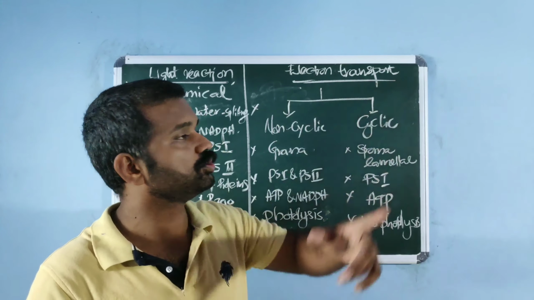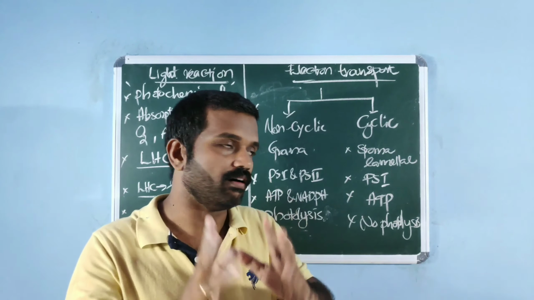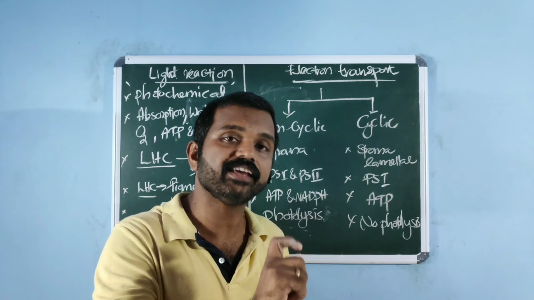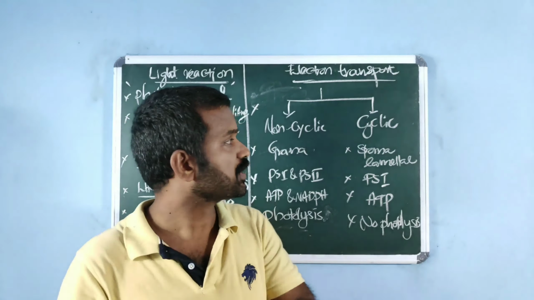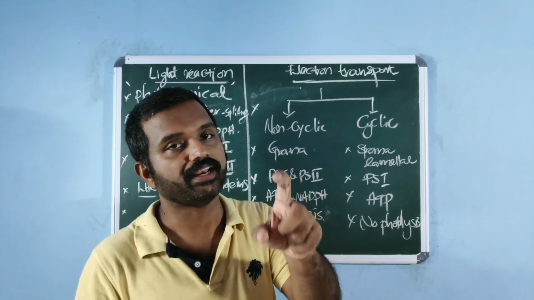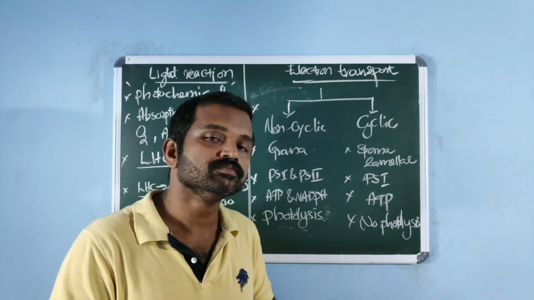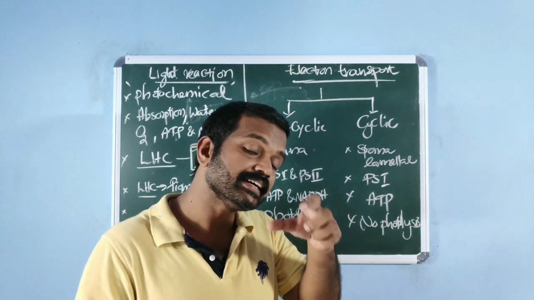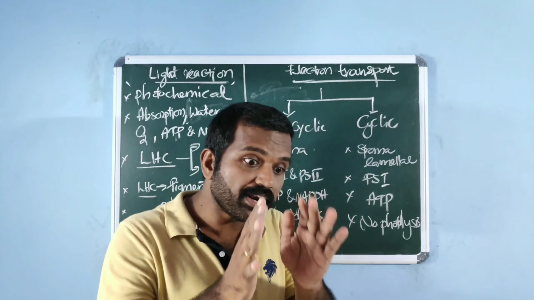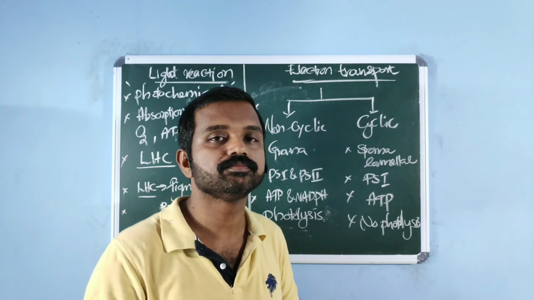Next, about electron transport. The two types of electron transport are non-cyclic electron transport, also known as non-cyclic photophosphorylation, and cyclic electron transport, cyclic photophosphorylation. First, let us compare these two. Non-cyclic electron transport takes place in grana, that is, thylakoid membrane. For cyclic electron transport, stroma lamella is the site where only cyclic takes place.